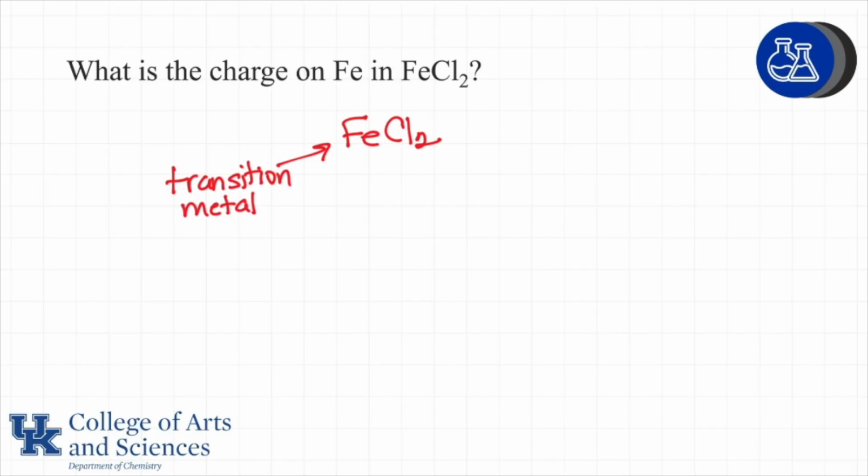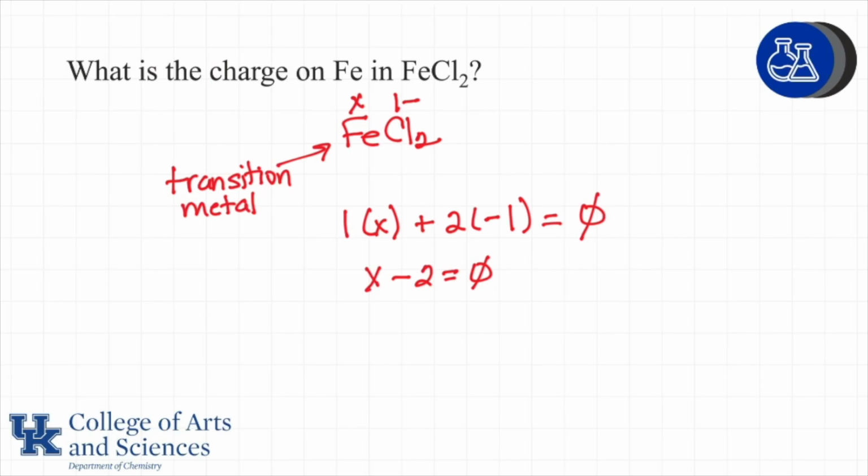Since we don't know the charge on iron, we're going to label it as X. We know that chlorine has a -1 charge because it's in group 17 of the periodic table. Now we can solve for the value of X. We have 1 iron, which has a charge of X, plus 2 chlorines, each with a charge of -1, and together those must sum to 0. So X - 2 = 0, X = 2+. Therefore, the charge on iron is 2+.